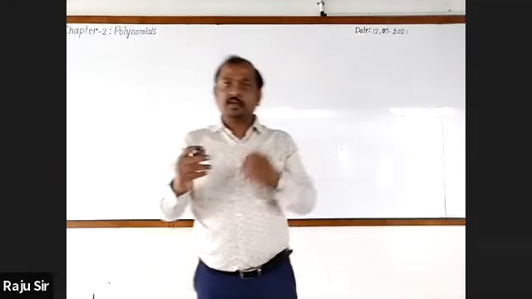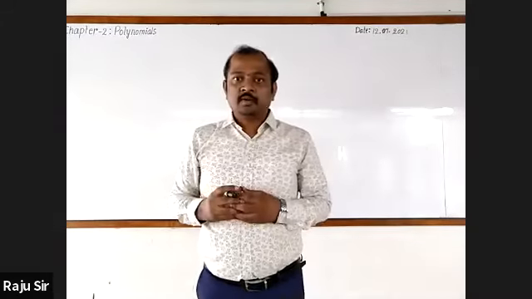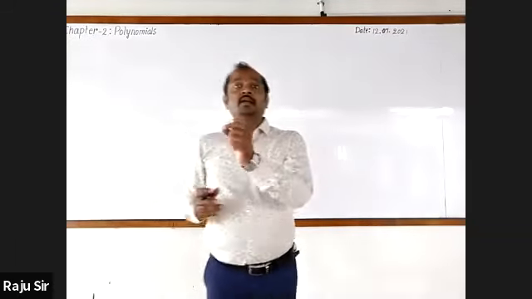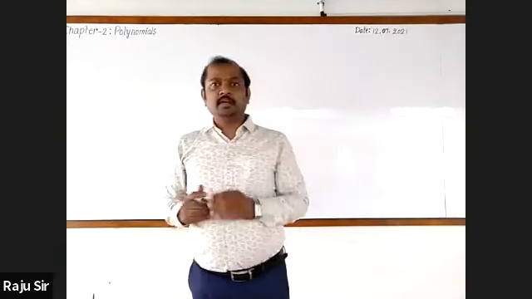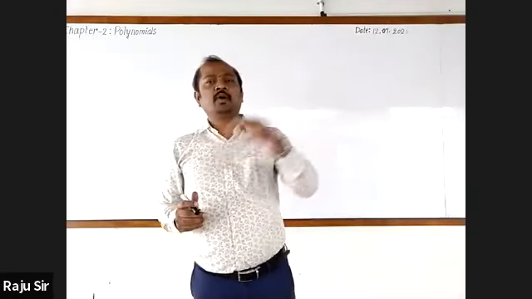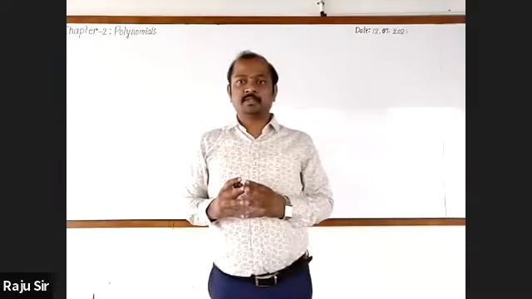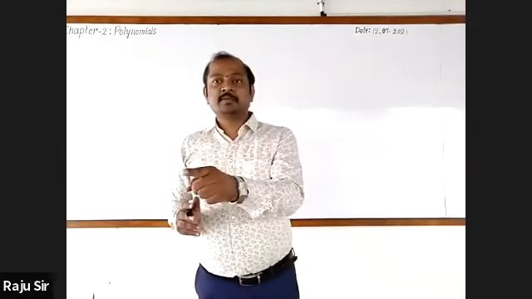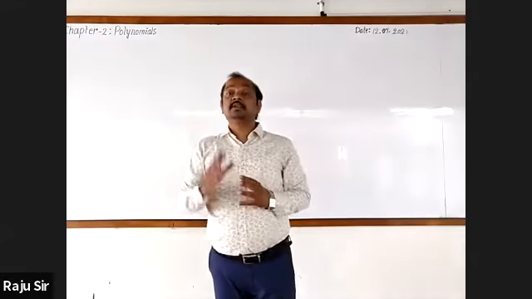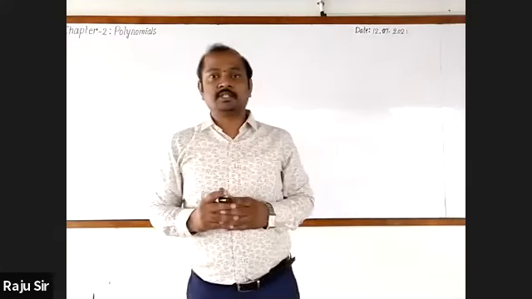Just to recall its definition, Manya, let your concentration be here. An identity can be defined as a mathematical statement which is true for all the values of its variables. A mathematical statement which is true for all the values of its variables is called an identity.